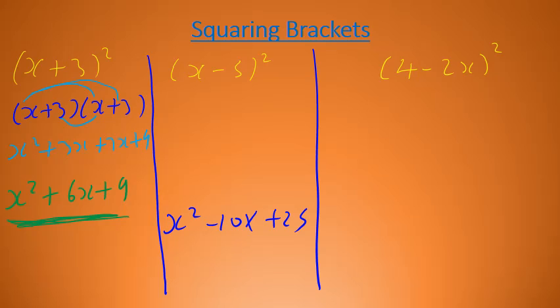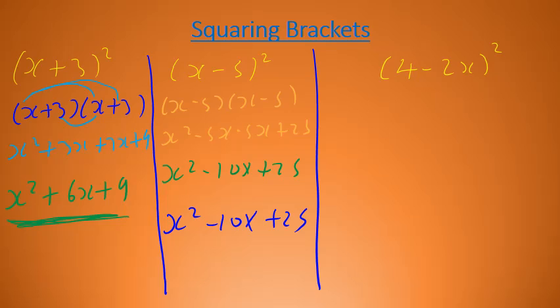That's what's really happening, but this is how you do it properly. So it's going to be x minus 5, x minus 5. So that's going to be x squared minus 5x minus 5x plus 25. Putting everything together, that is x squared minus 10x plus 25.